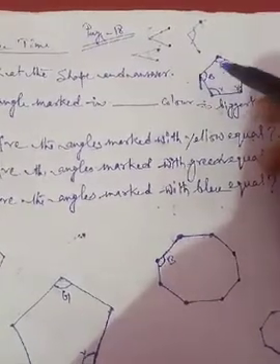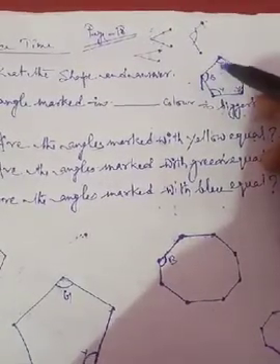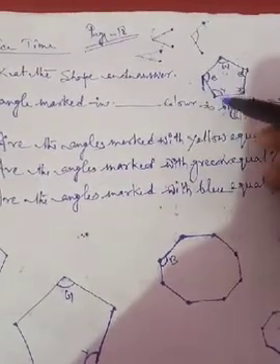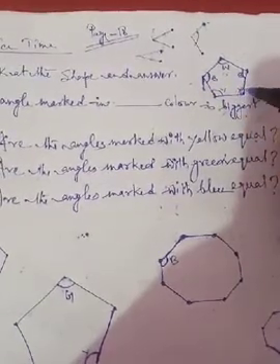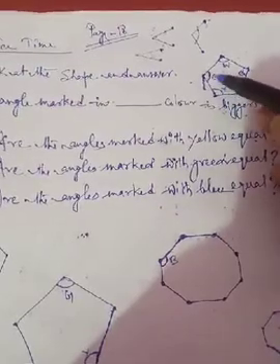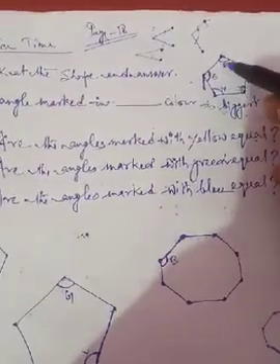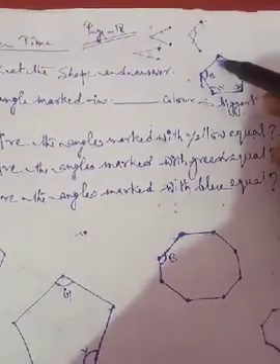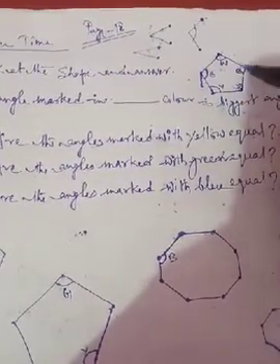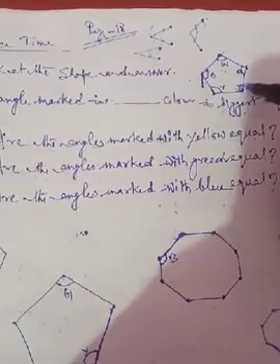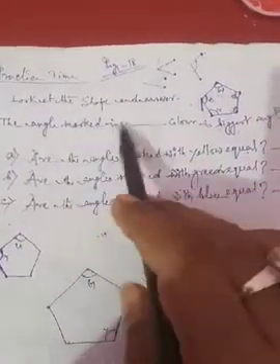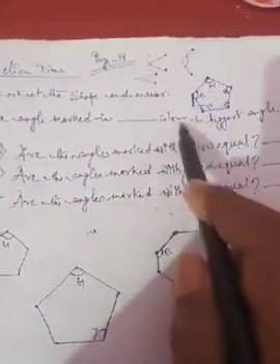Suppose this angle I denote by white, this angle blue, and this angle yellow. So this is a white angle, these two angles are blue angles, and these two angles are yellow angles. Now among these five angles we have to find the biggest angle.